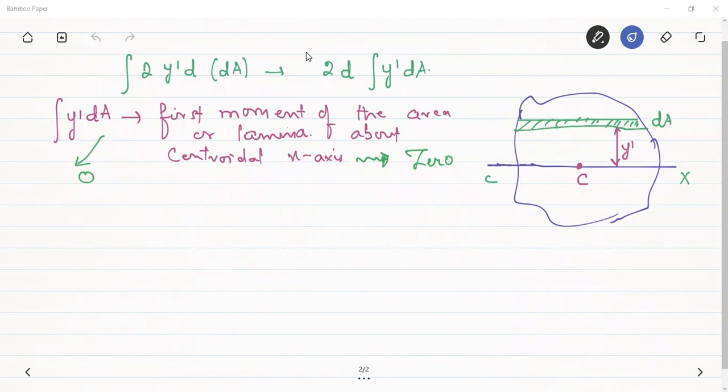I tell them to find the y coordinate of the centroid about the centroidal x-axis, that is this axis given here in the figure.